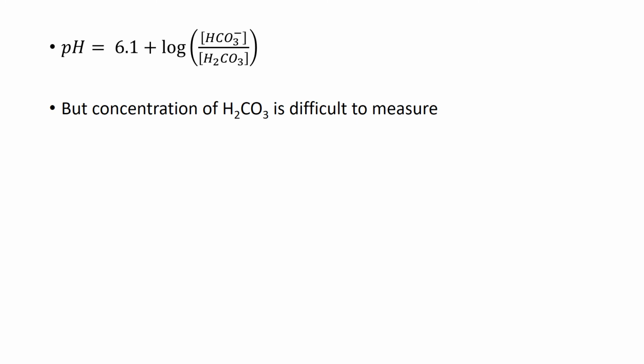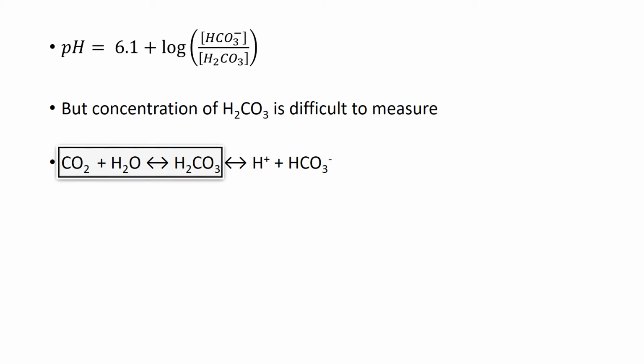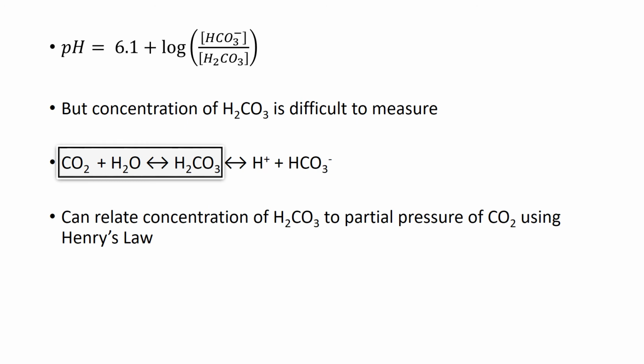See, the concentration of carbonic acid is quite difficult to measure. So we actually have a surrogate marker or a replacement. Now, back to our original reaction, the one I told you that really you know this, you know acid-base. So let's look at the first half now. CO2 plus H2O yields carbonic acid. One can use Henry's law to relate the concentration of carbonic acid to the partial pressure of CO2.